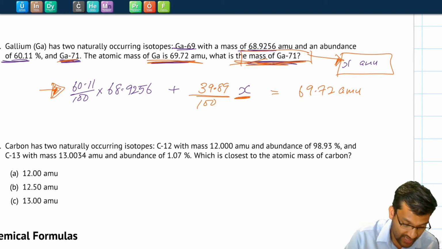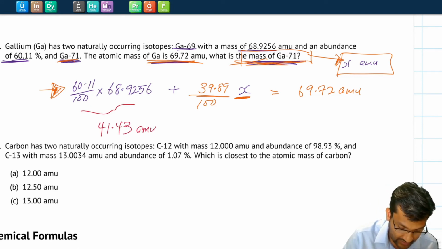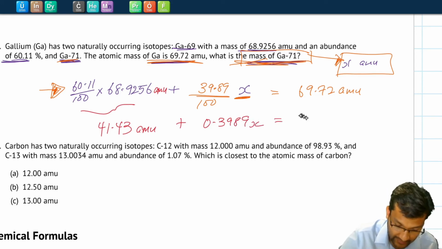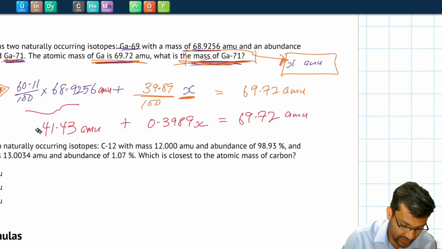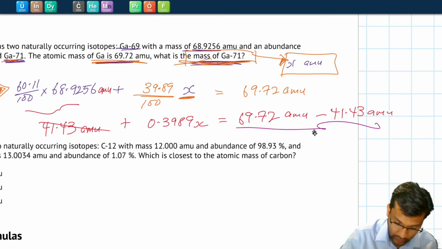So this becomes an algebra problem, right? We do the math over here, and this comes out to be 41.43 atomic mass units, because this is atomic mass units. Here, this just becomes 0.3989x. And over here, we have 69.72 atomic mass units. More algebra, we subtract 41.43 AMU on both sides, and this gives us 28.29 atomic mass units.